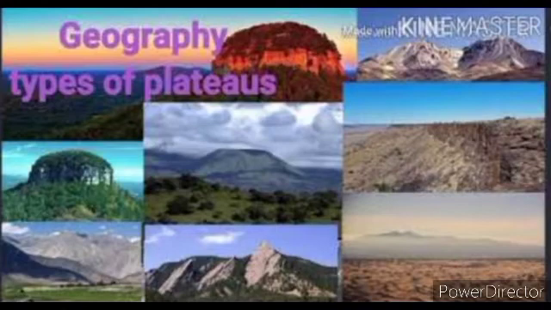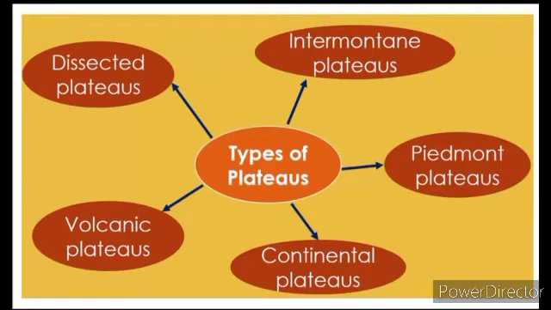On the basis of their origin and location, plateaus can be broadly classified into the following types. Types of plateaus: intermontane plateaus, Piedmont plateaus, continental plateaus, volcanic plateaus, and dissected plateaus.